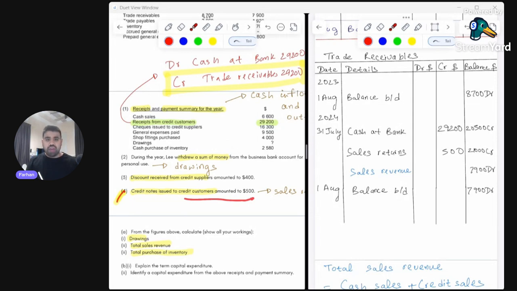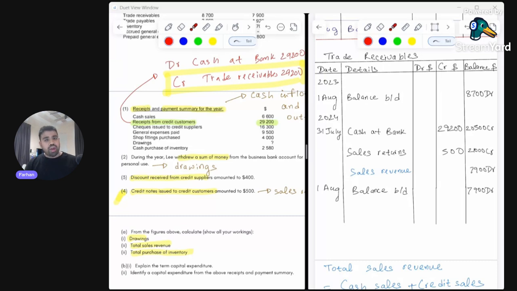So whenever we have sales returns, what's going to happen? The amount that our customers owe us is going to go down in value. We know credit customers or trade receivables are our current assets initially. Once they make any kind of payment or once they have made any kind of return, their value goes down. Therefore, assets are going down.